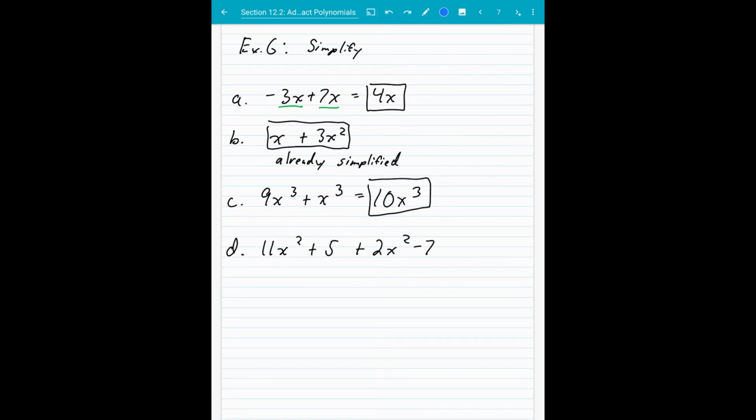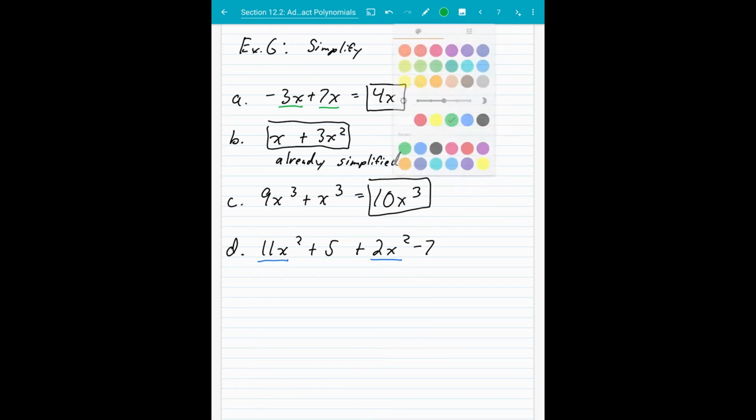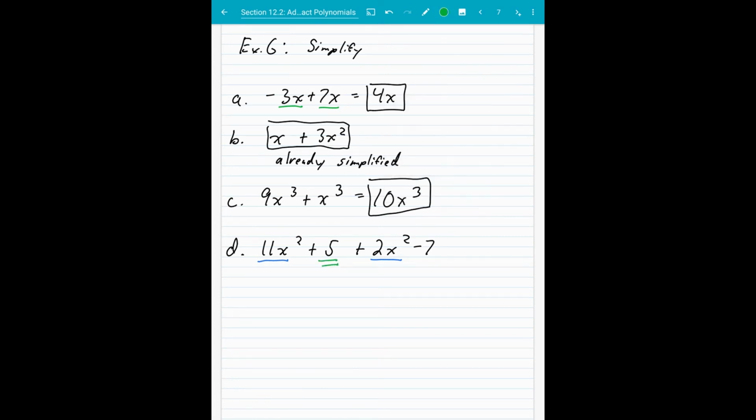So what I like to do, and I showed you all this before, is underline the like terms. Then I look for the numbers. Oh, is there another number I can combine? There is another number I can combine. So since x squareds go with x squareds, and numbers go with numbers, we can combine those two in one step.